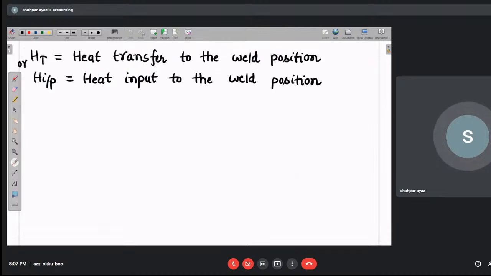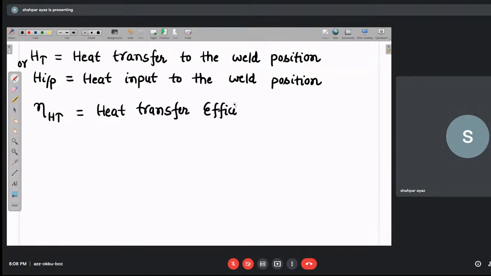Similarly here, one efficiency is defined, that is called your heat transfer efficiency, or arc efficiency.